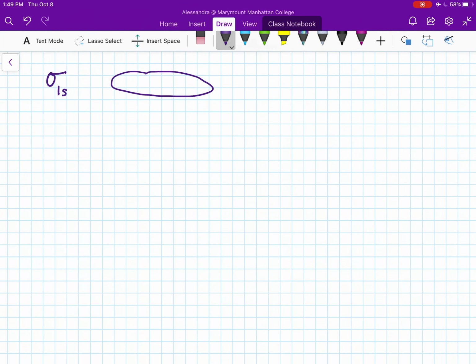Okay, so we had talked about forming the sigma bonding molecular orbital and the sigma star anti-bonding molecular orbital for the hydrogen molecule. And we talked about how the sigma bonding molecular orbital is a region of enhanced electron density between two nuclei. So these two dots are the two nuclei in each hydrogen atom.